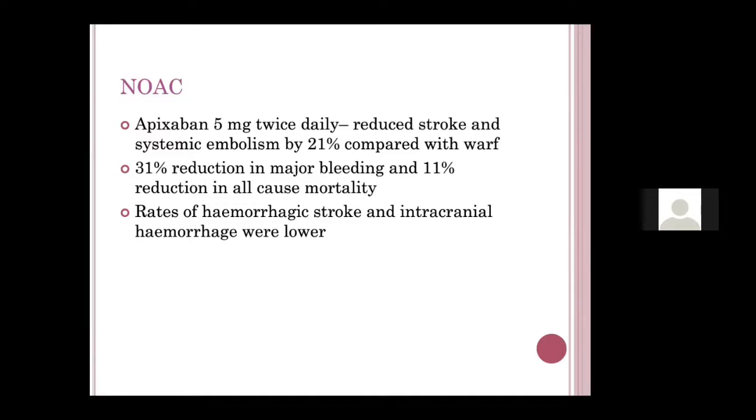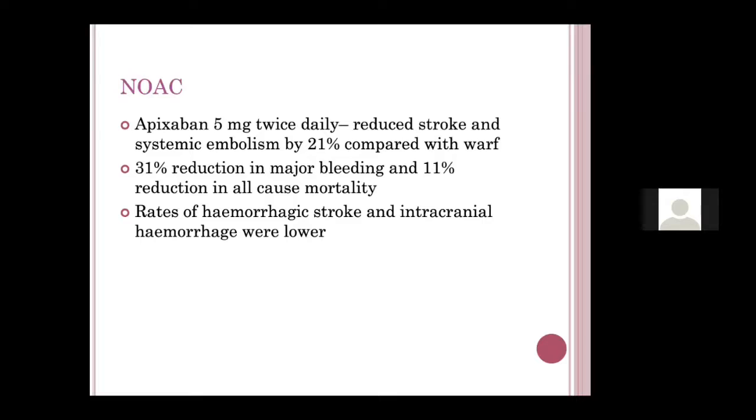In renal failure, with creatinine clearance of 15 to 30, we usually decrease the dose to 2.5 milligram twice a day, and less than 15, it is not advocated to give apixaban. It reduced stroke and systemic embolism by 21% compared to warfarin, with a 31% reduction in major bleeding and 11% reduction in all-cause mortality. So that is the only drug which was proven superior and even had a mortality benefit in the studies.